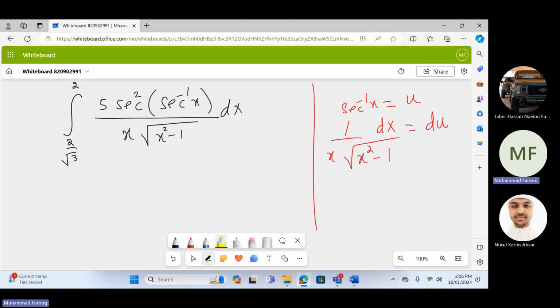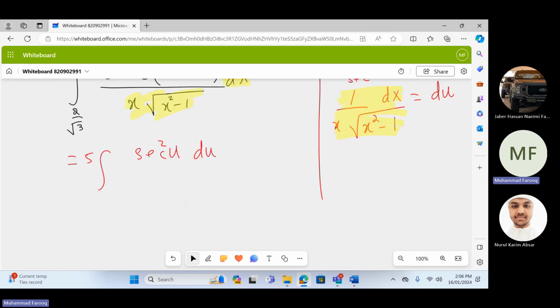Now look at it, please. Do you have this whole stuff in your question? Dx, and then we have x, and then this one. All this is equal to du. So now this is the integral: 5 you can take outside, secant square of u du.